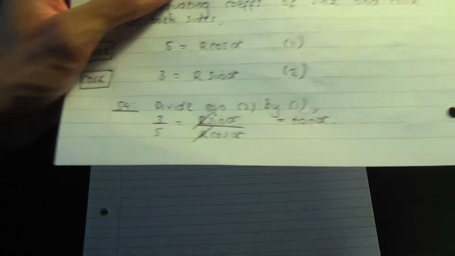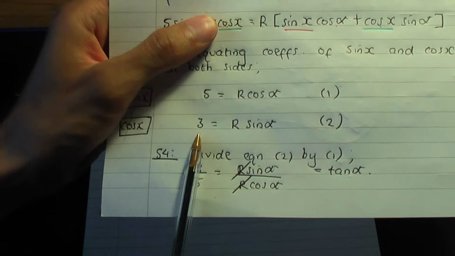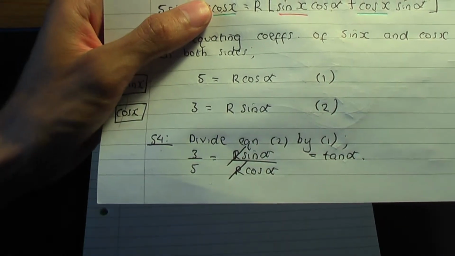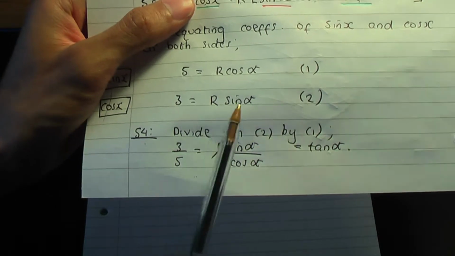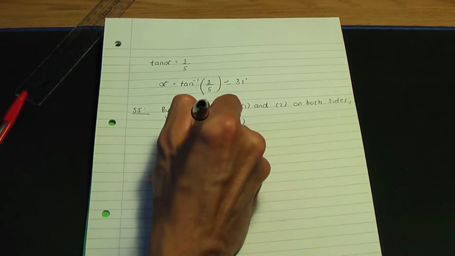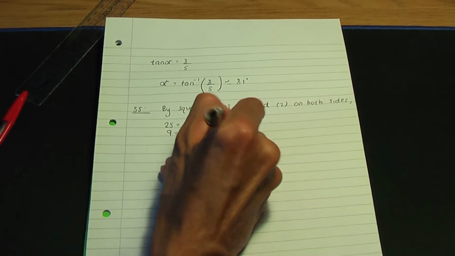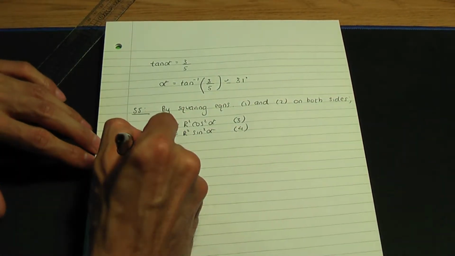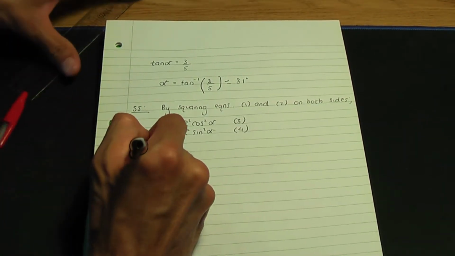And second equation, if I square on both sides, 3 squared is 9, that is equal to r squared sine squared alpha. Let me call that equation 4. So that is step number 5.